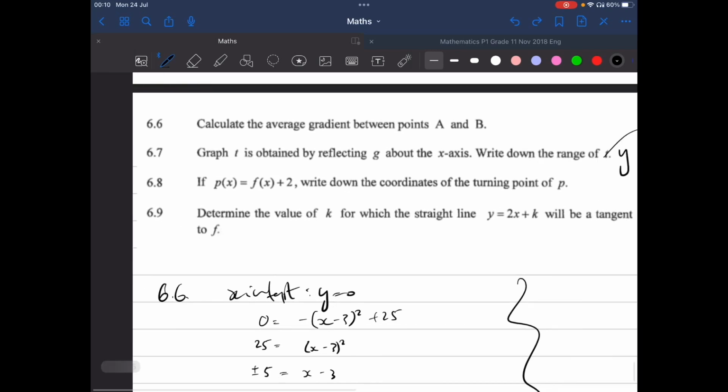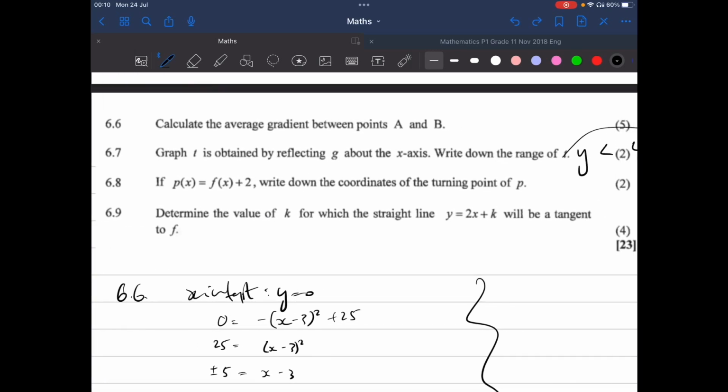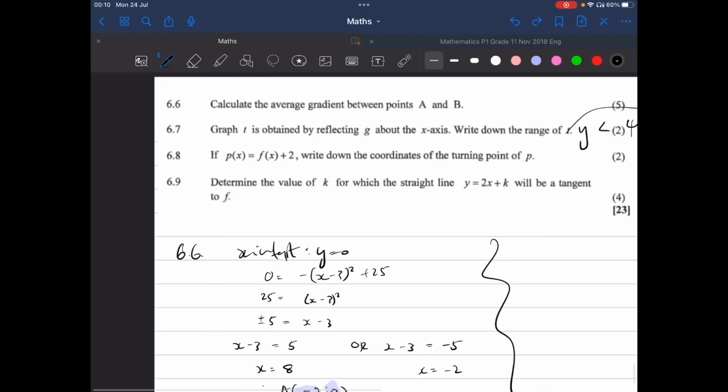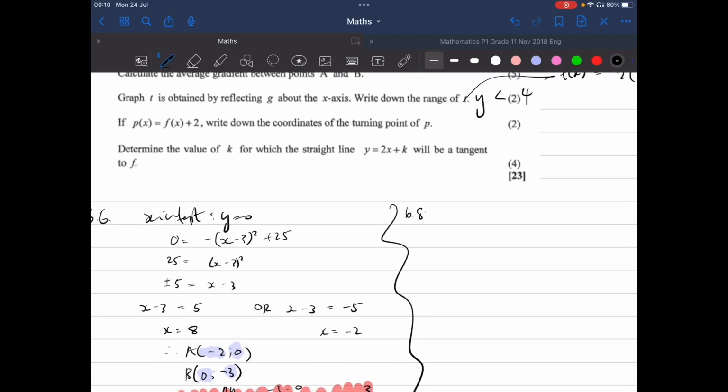6.8. If p equals f of x plus 2, write down the coordinates of the turning point of p. So let's think about this now. f of x was y equals minus (x minus 3) squared plus 25.